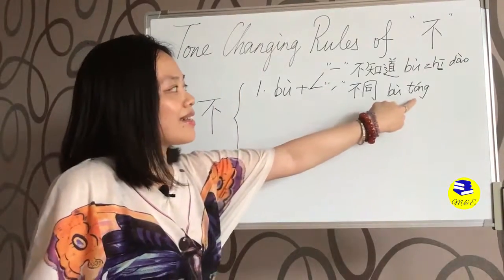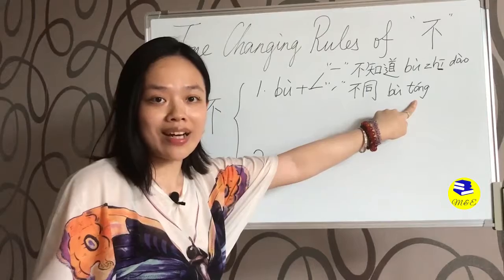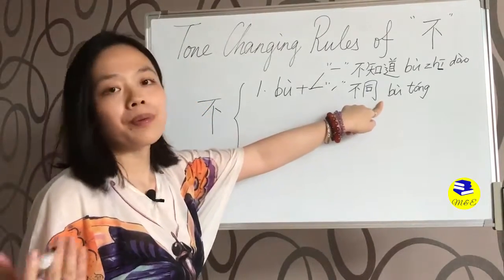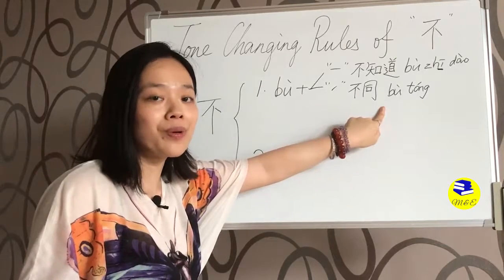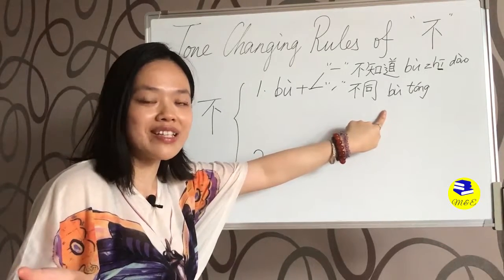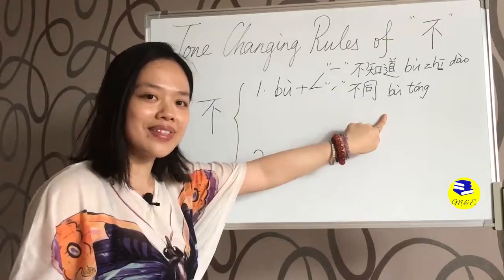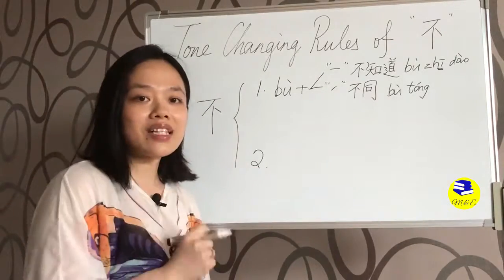See? Tone is a second tone, right? So, 不, it keeps its original tone, fourth tone. 不同, different. 不同. Okay?